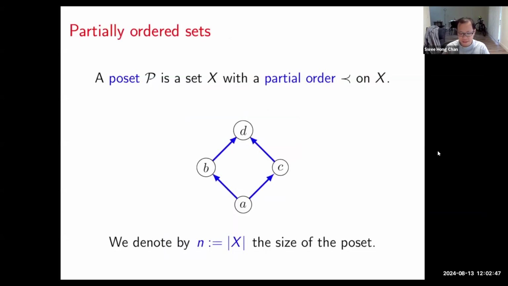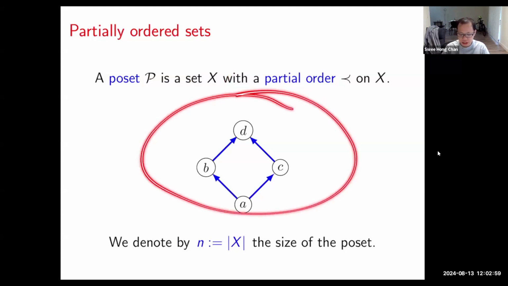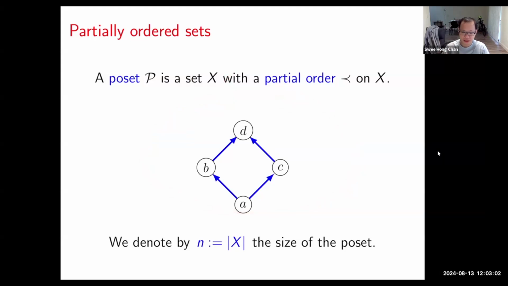So by a poset, I mean a partially ordered set. This is a set, where the ground set we will write as X, and it will have a partial order on the elements. For example, this picture here is a poset of 4 elements, A, B, C, D, and these arrows define a partial order.